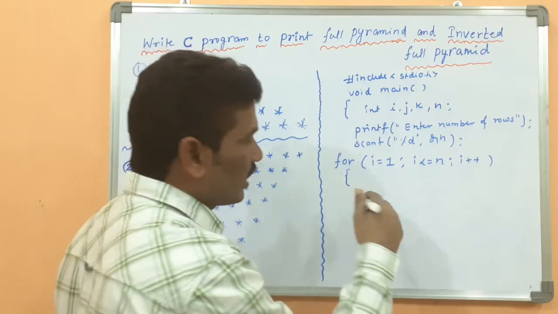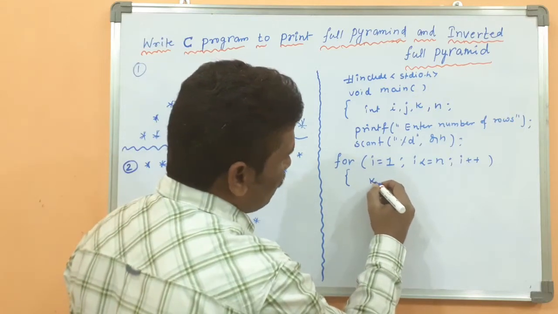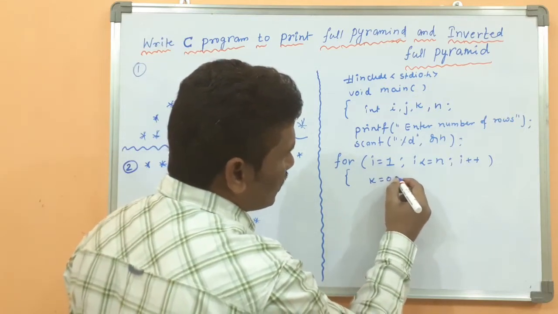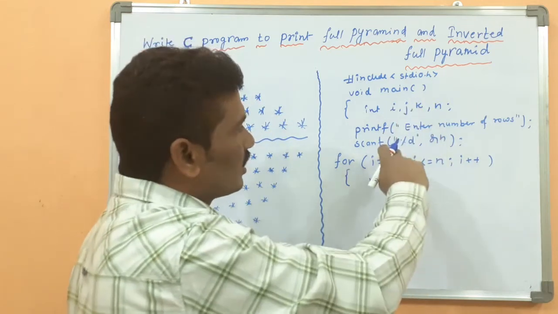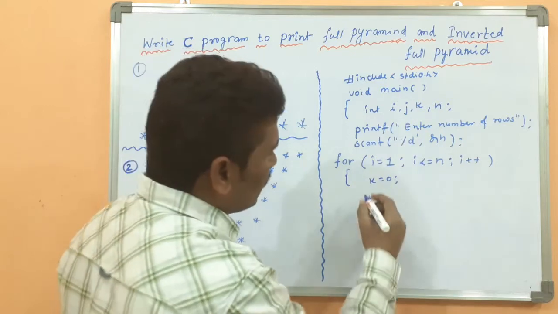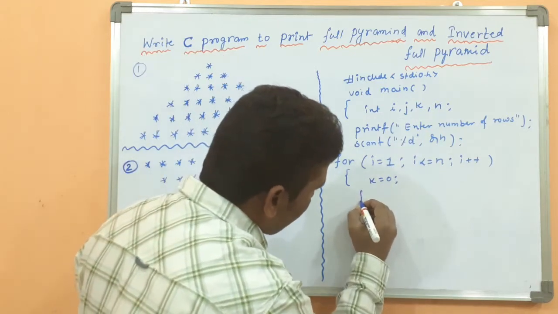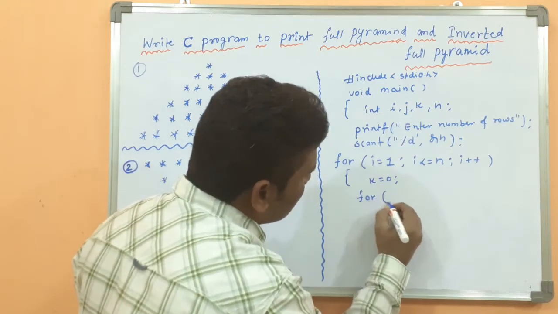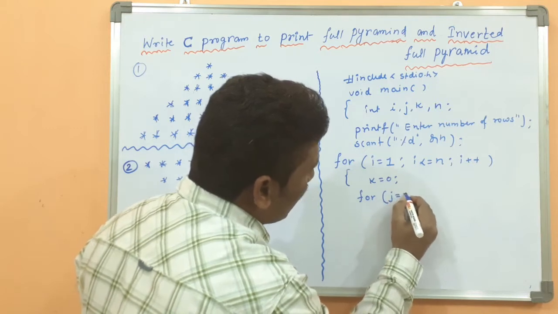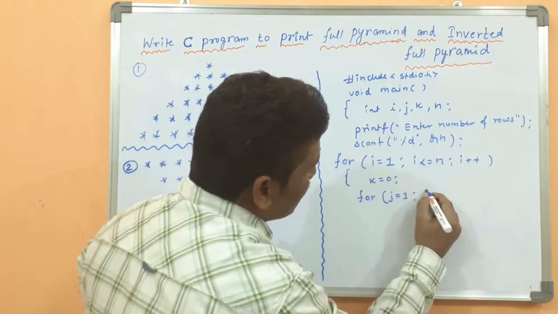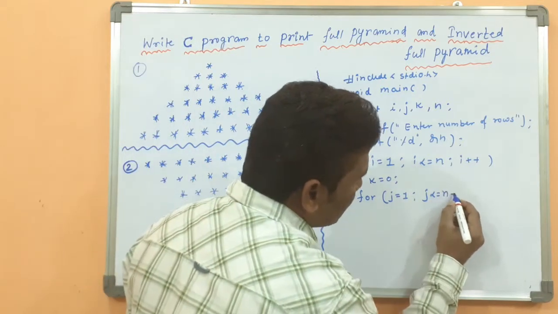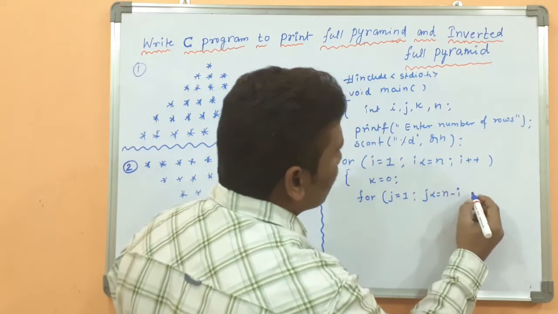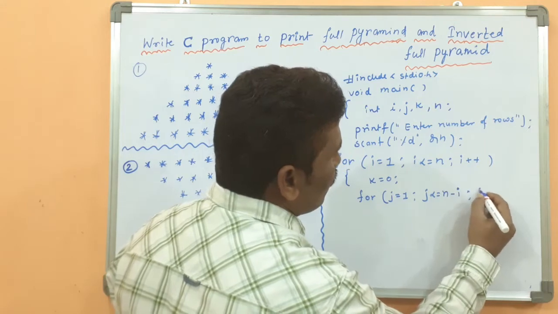Here I want to initialize k to 0. k and i are already declared. Then for the nested loop: j equal to 1, j less than or equal to n minus i, then j plus plus.